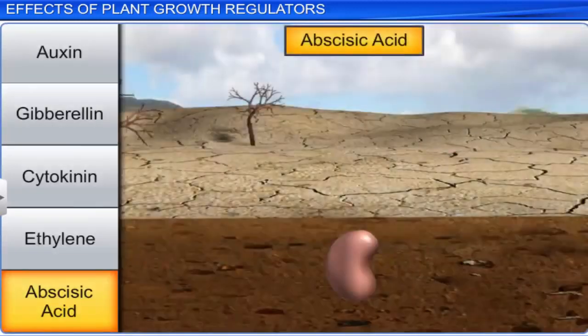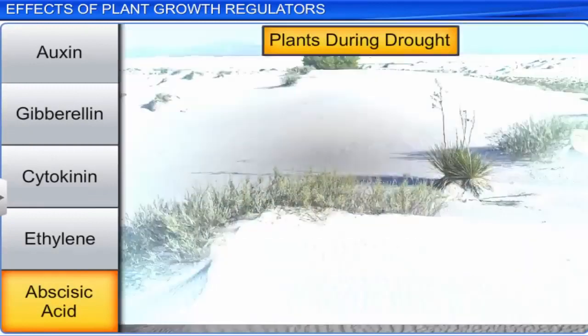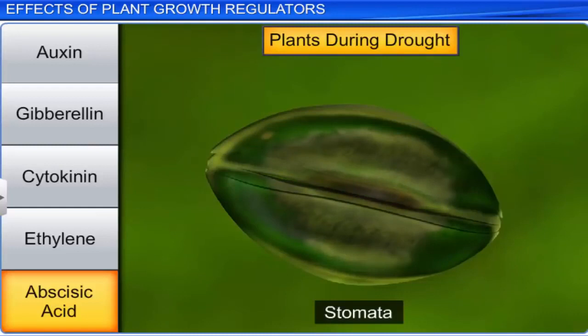In the case of unfavorable environmental conditions, it inhibits germination of seeds. In the case of drought conditions, it closes the stomata, thus helping the plant withstand the stress caused by lack of water.